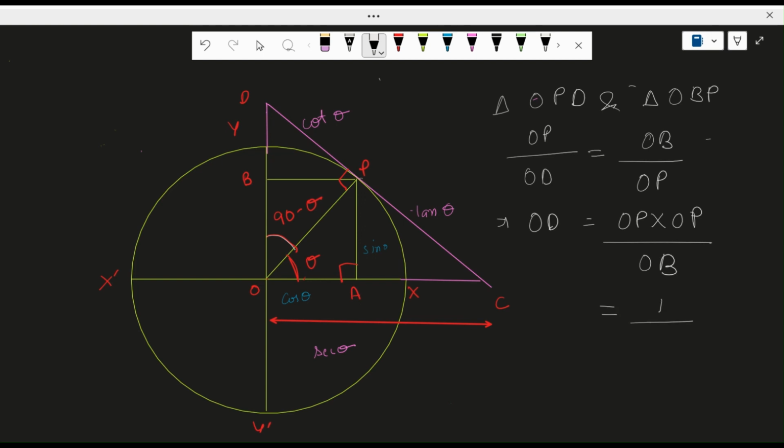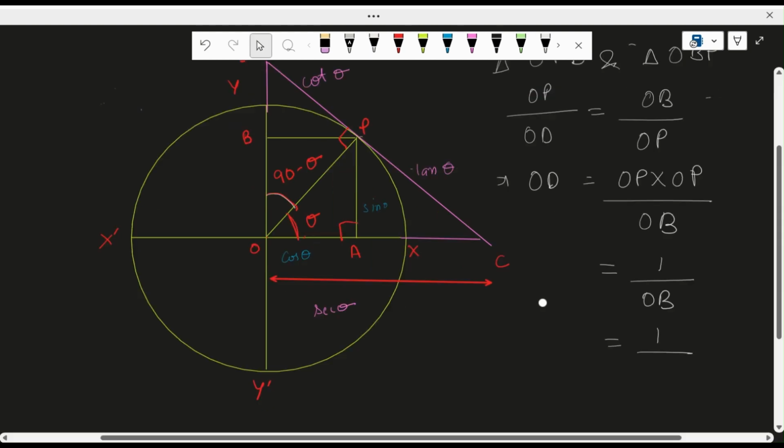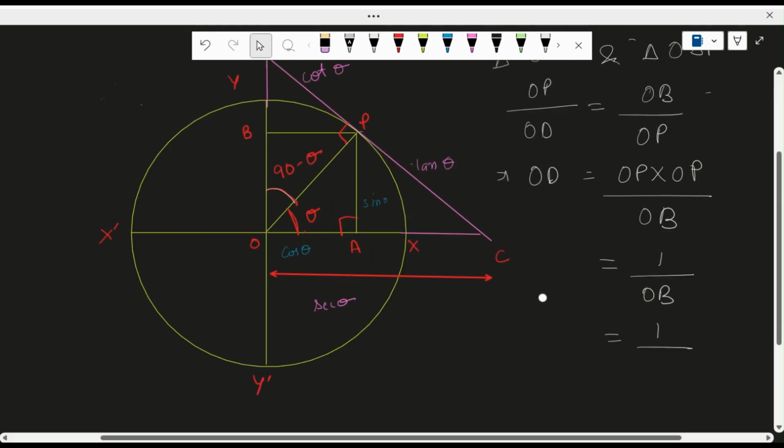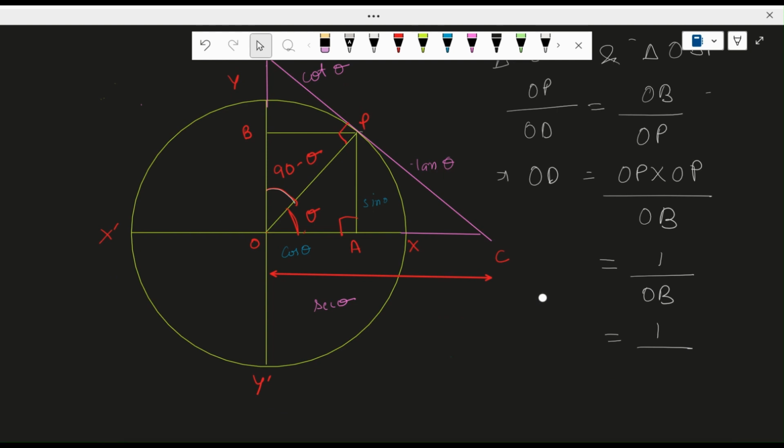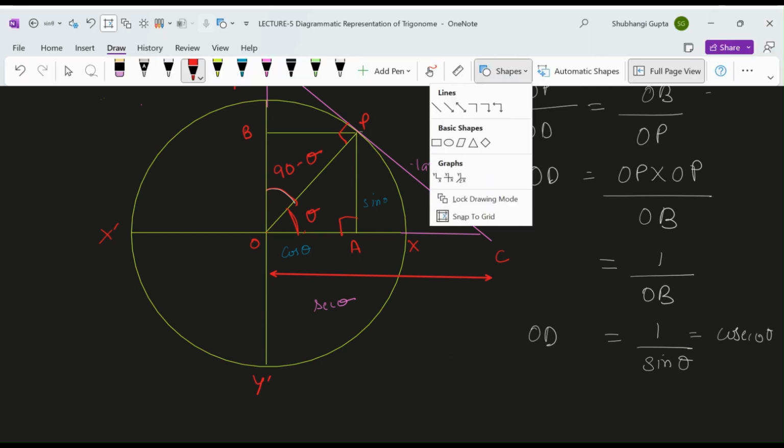That will be 1 over OB. That is 1 over, what is our OB? OB is the opposite side of square OABP of side AP. So OB will be sine theta. Therefore OD is equal to what? Cosecant theta. Right. So here we have calculated cosecant theta, and let me just mark it.